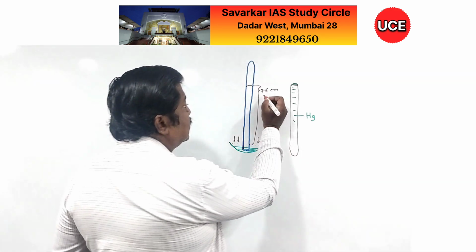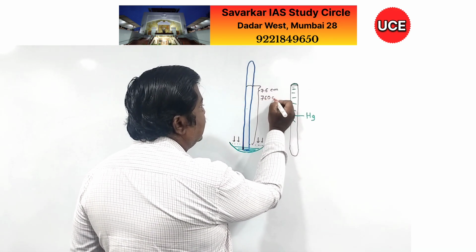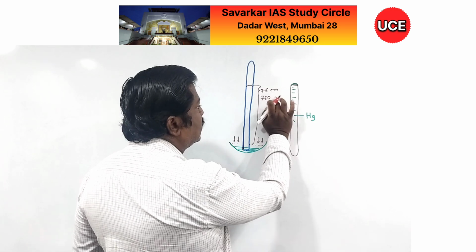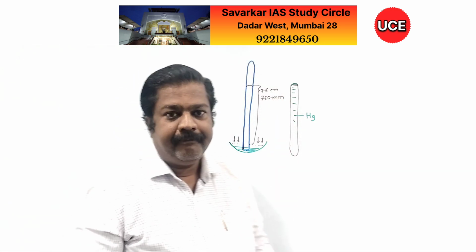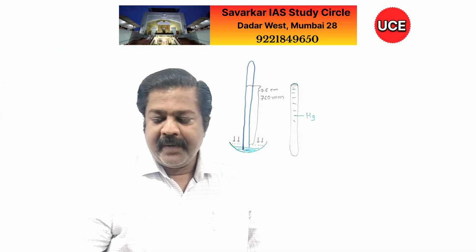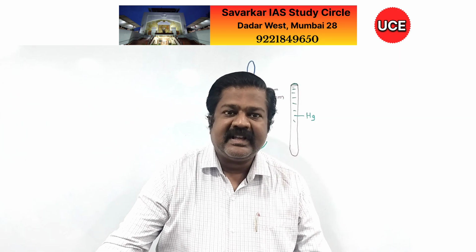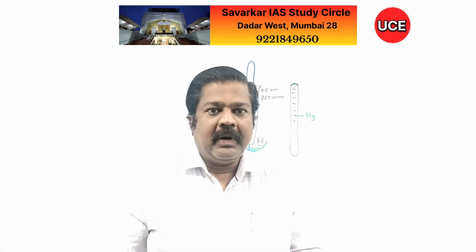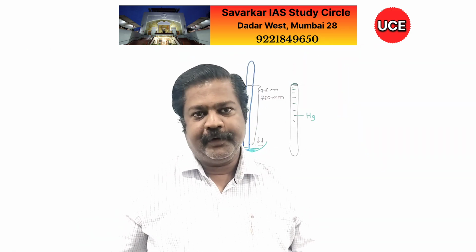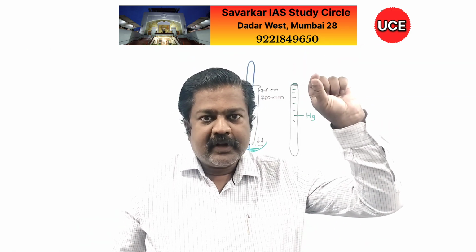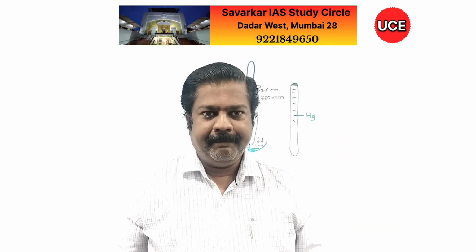So here I should consider this as 760 millimeter. Suppose I am at sea level, it should be 760 mm of mercury. But when I go 160 meter higher, the level of mercury will fall by 1 mm.